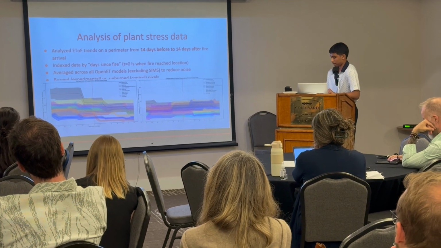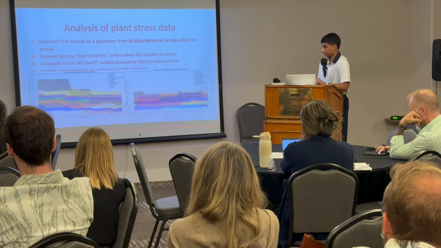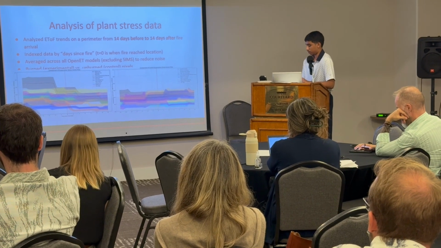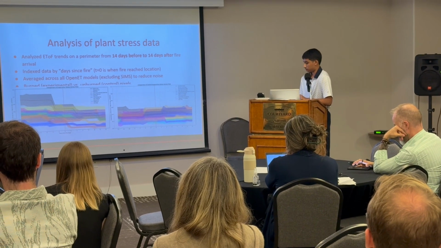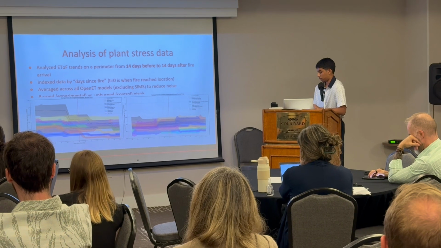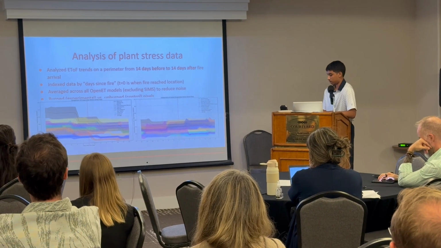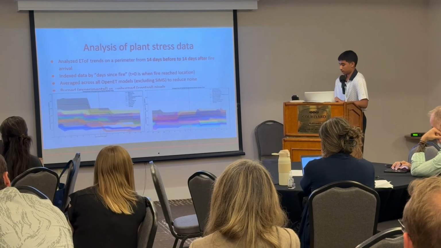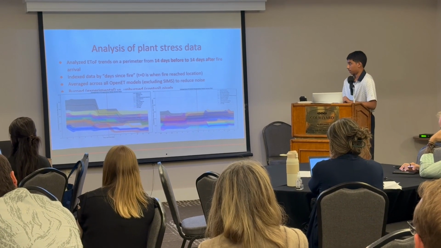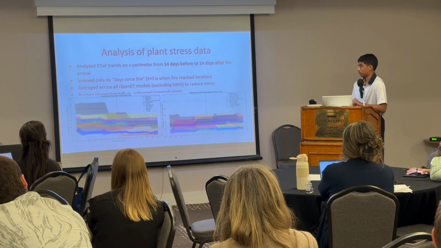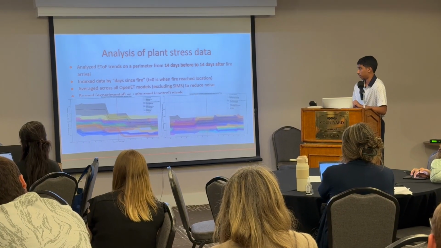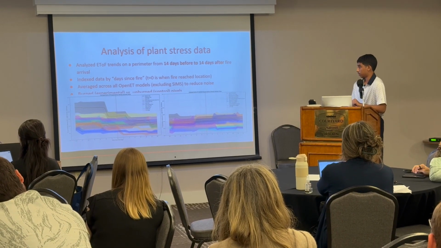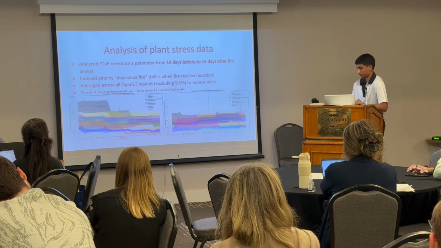An important thing to note here is that OpenET provides data per polygon, but since each polygon had a known acreage, we were able to take a weighted mean to get a composite ETof for each of the 28 days over each fire.